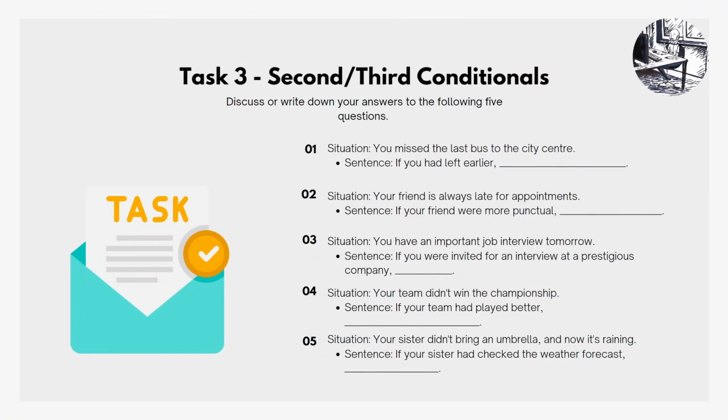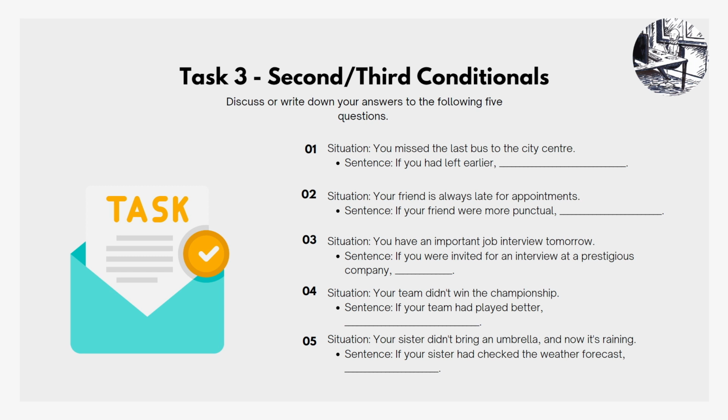Okay, let's put your knowledge to the test again. Second and third conditionals. Here are 5 situations on your screen now. I would like you to finish off those sentences using a second or third conditional. I will give you an example for number 1 before you do questions 2, 3, 4 and 5.